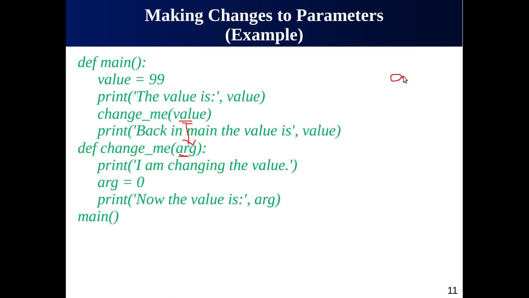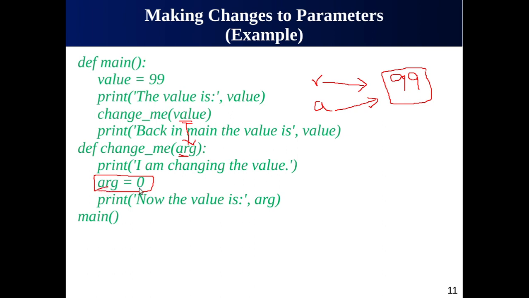What I mean to say is that we have a value 99, and both the argument, which is represented by value, and the parameter, which is represented by a, will actually refer to this value 99.